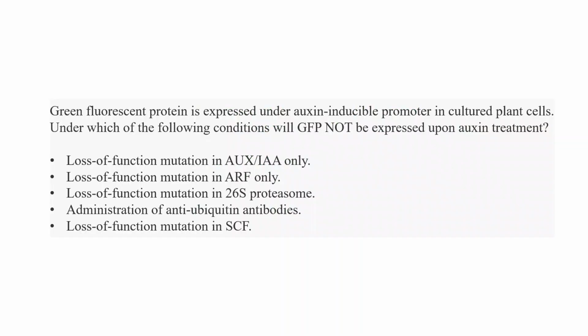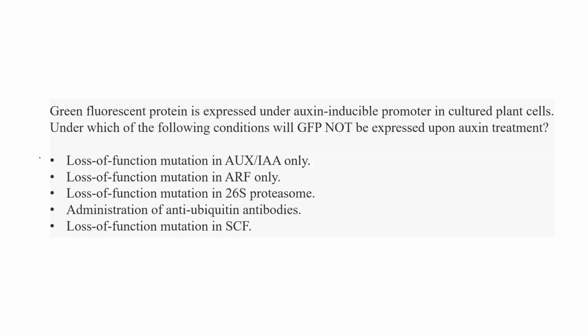Okay. Next and the last question for the day is on green fluorescent protein. Green fluorescent protein is expressed under an auxin inducible promoter in cultured plant cells. Under which of the following conditions will GFP not be expressed upon auxin treatment?